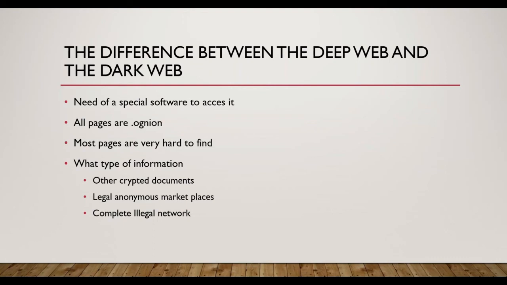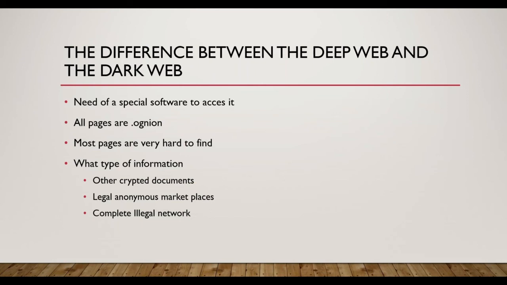Yes, it's not 100% anonymity, because you can be tracked and all this stuff, but the purpose of the deep web is really going on the internet anonymously. We're going to talk about the concept of anonymity in our future classes. But just for you to understand, yes, you have a complete legal anonymous marketplace.